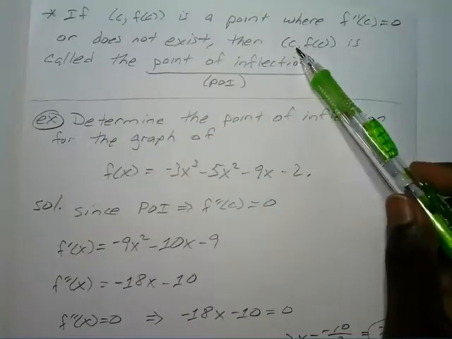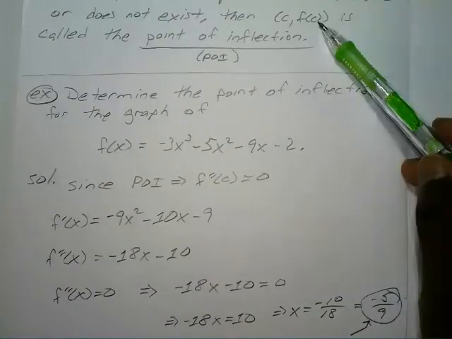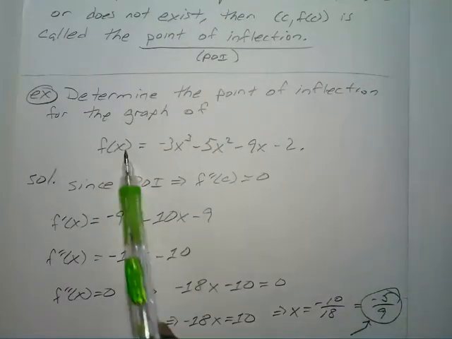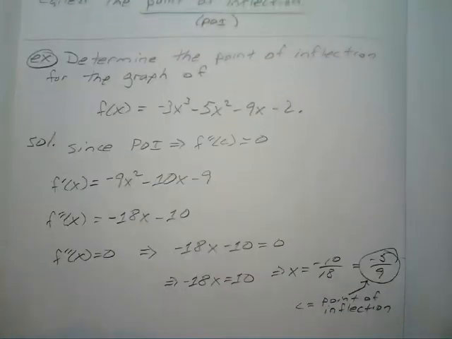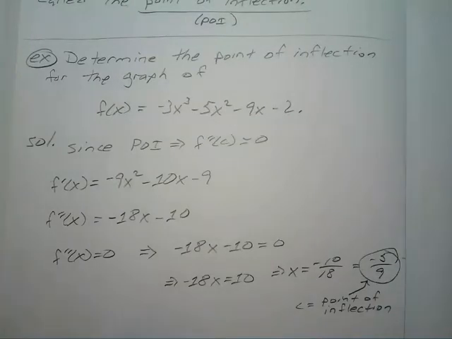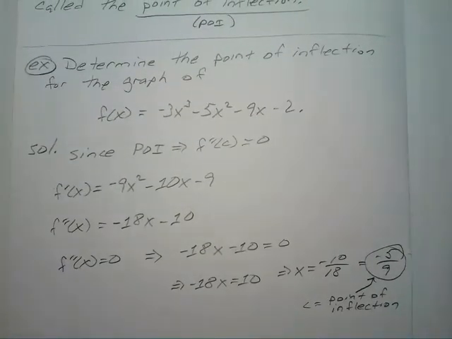If you want to find your f of C, you just plug that into your original. Oh, move that upside. There we go. All right, so that's how you would find your point of inflection.